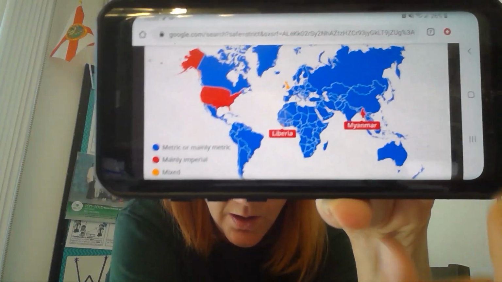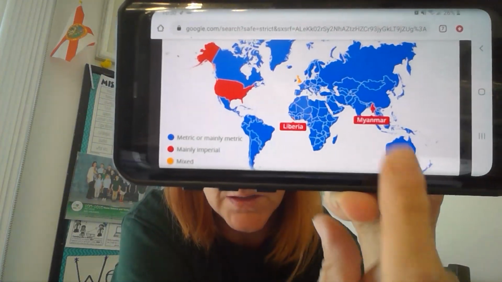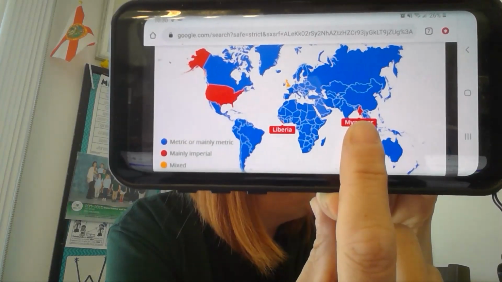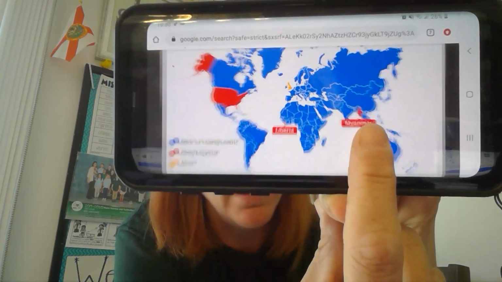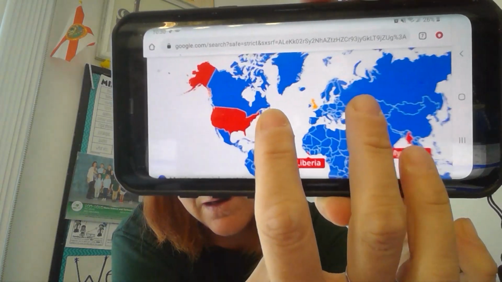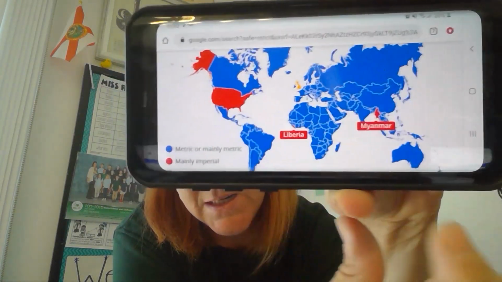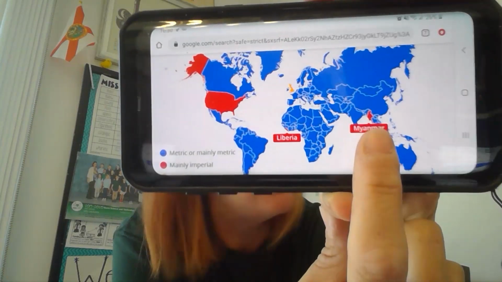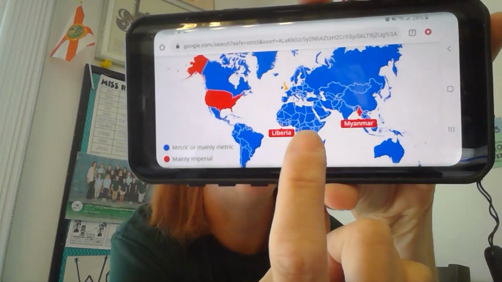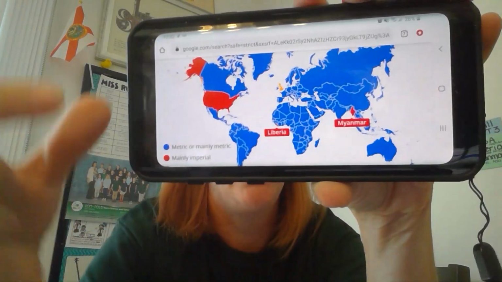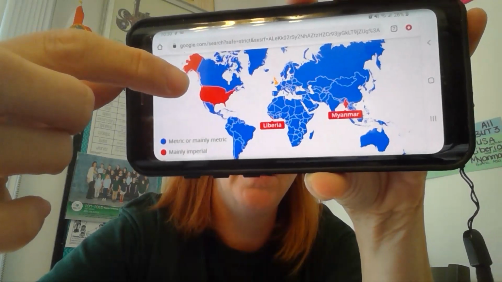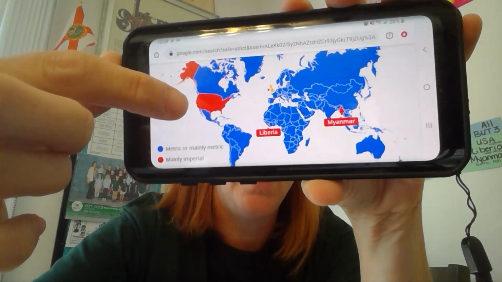So we've got one country right there, which was formerly Burma. Now it is Myanmar, and that one is in the continent of Asia. And then over here we have Liberia, which is in West Africa. And then over here we have the United States of America in North America.